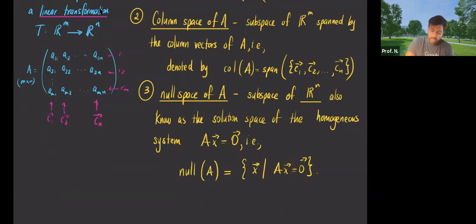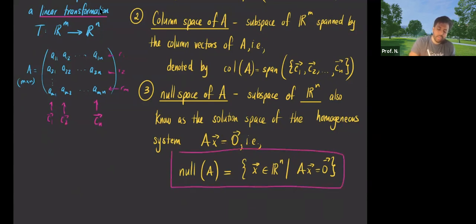So to make that explicit, I'm just going to make sure I say that X is a member of, or belongs to, the set Rn. So that's very, very important. The null space of A are all the vectors X in Rn such that A times that vector gives me 0.